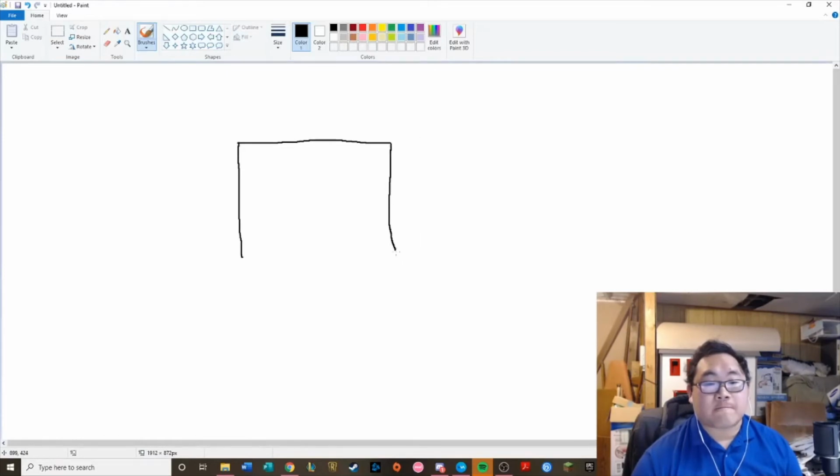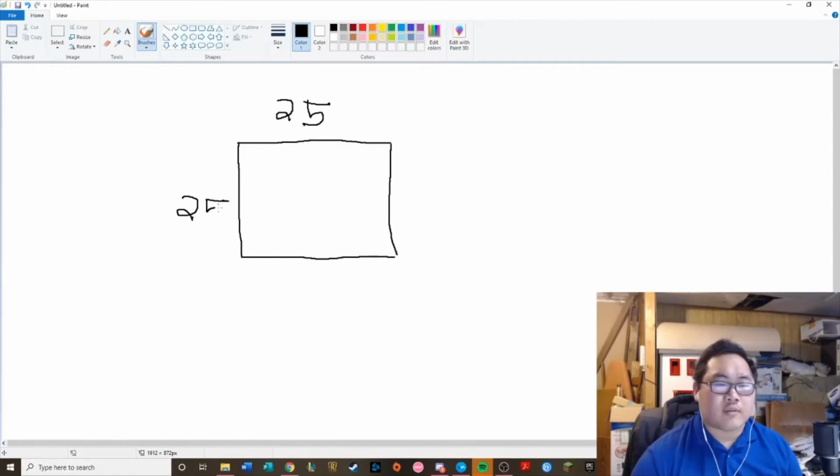The square. It is a square. And I apologize, boys, because I'm using a mouse, so my writing's not going to be the best. They've taken the square, and what they want you to realize is that this whole thing is a 25 by 25 square.